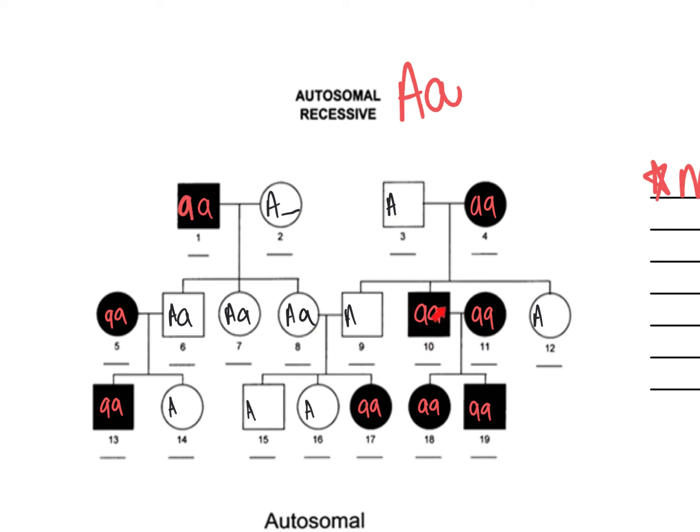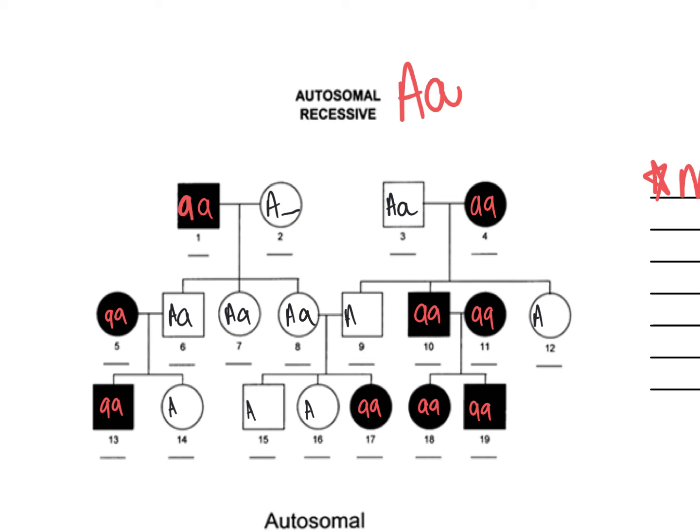I'm going to use number 10 as evidence for number 3 because this is a direct child. I can't use this other person as evidence, even though I mentioned it, because they are not a child of this person. Number 10 inherited one small a from the father. Therefore, the father must be heterozygous. You can use that reasoning and logic as evidence for justifying the genotype of a person.